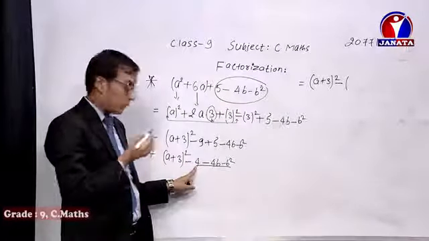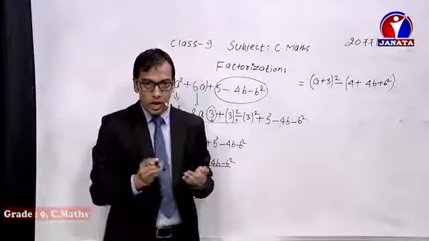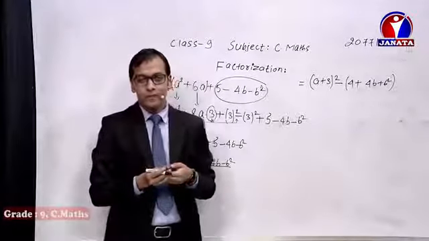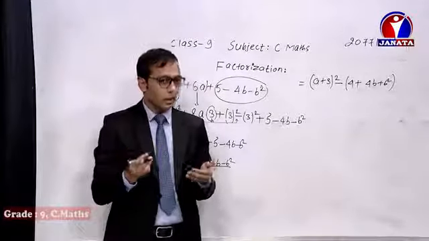Can we factorize this? This expression has 3 terms. If an expression has 3 terms, how do we factorize this? There are different ways. We can split the middle term. Let's arrange the terms here: a plus 3 whole square minus b square plus 4b plus 4.